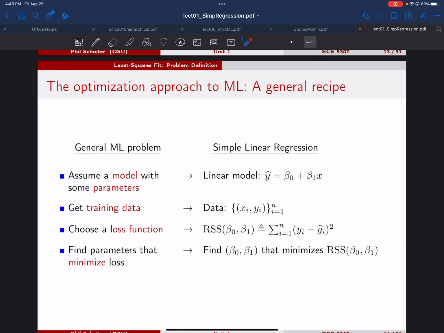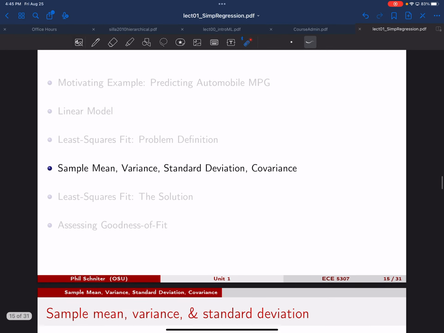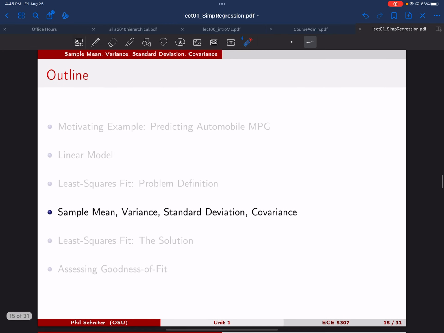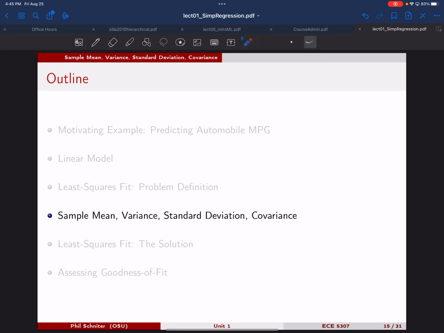Okay, great. So it turns out that for this problem, and actually a lot of problems, statistics are useful to get some intuition about what's going on. And statistics are basically just ways of summarizing data. That's what a statistic is. It's a summary of data. There's many different ways you can summarize it.